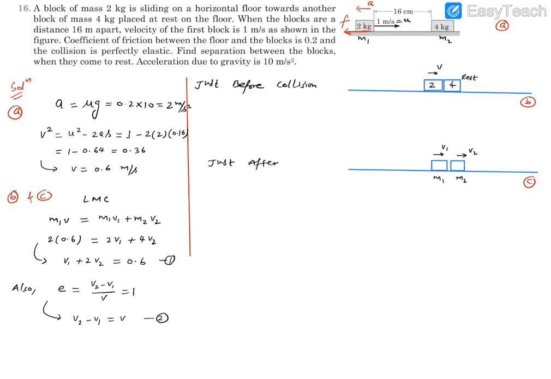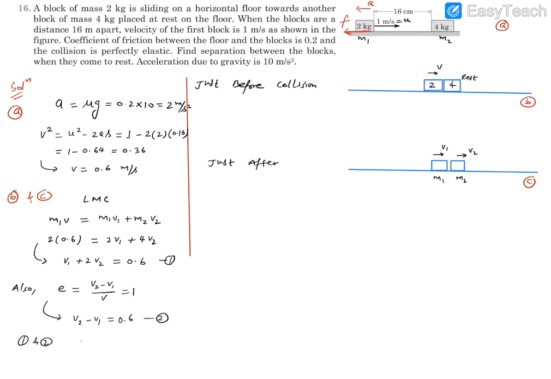So if we add equations 1 and 2, v1 will get cancelled out, you can see, and 3v2 is equal to this v we have already solved for. How much was v? V was equal to 0.6, so we can write it as 0.6.